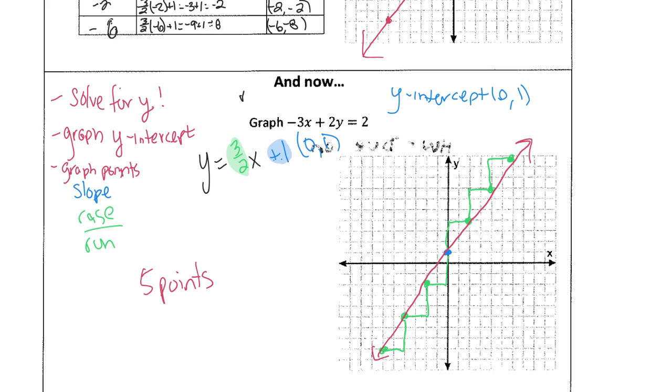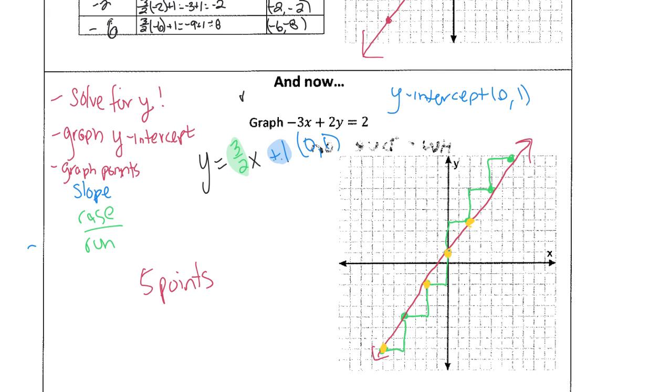So let's compare these. I know up top we had (0, 1). We had (-2, -2). We had (2, 4). And we had (-6, -8). So our line definitely overlapped.